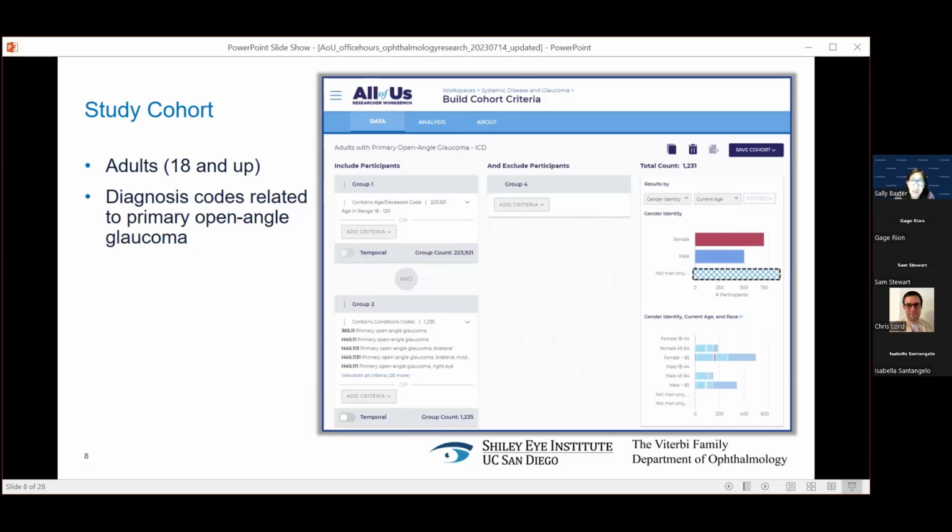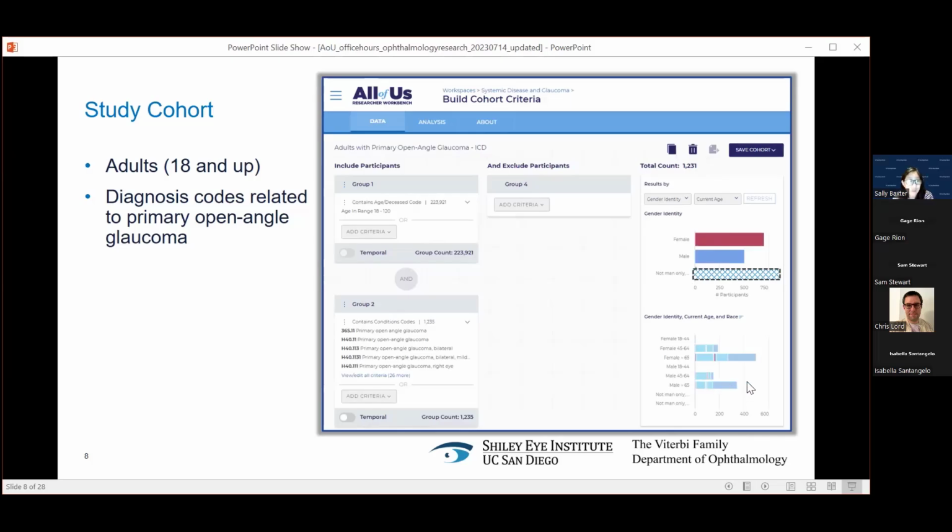But this is a great tool. I've had other studies too, where sometimes we're just trying to gauge feasibility. And so if we have our study cohort definition, it's very quick to essentially run a quick query without having to code anything. Really, this is essentially a drag and drop interface. And you get a very quick view of what your N would be and what some of the demographic characteristics would be.